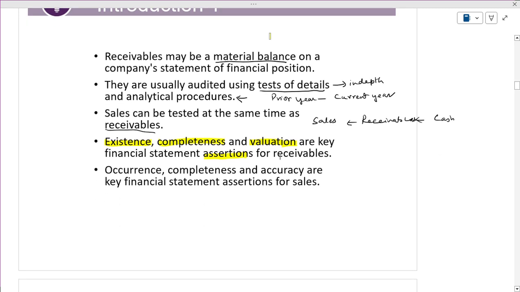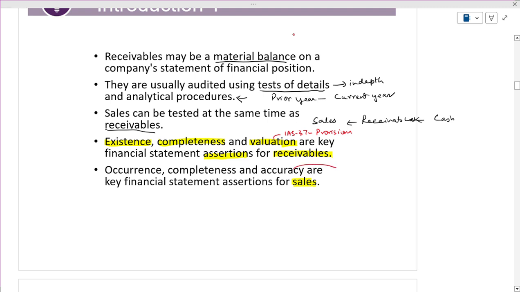Occurrence, completeness, and accuracy are the key assertions for sales. This is for the receivables and this is for the sales. When we are doing the valuation, we will take IAS 37 in terms of provisions.